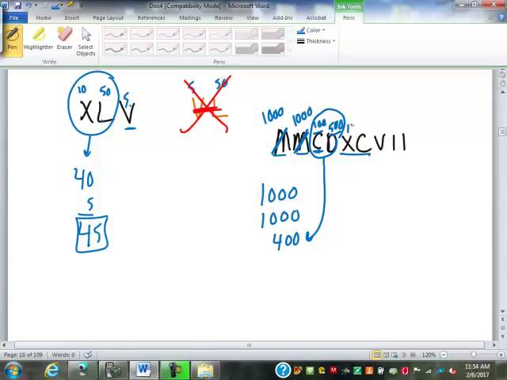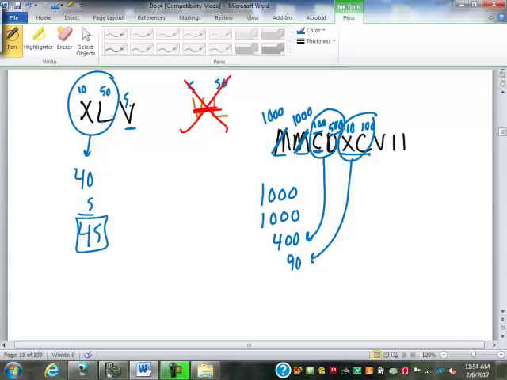XC, X is 10. C is 100. So again, I have to do 100 minus 10 is 90. So that goes next. Now I might ask, instead of doing 90, taking the 500 and subtracting 100 and adding 90, why don't we just take 10 away from the 500 to get 490?